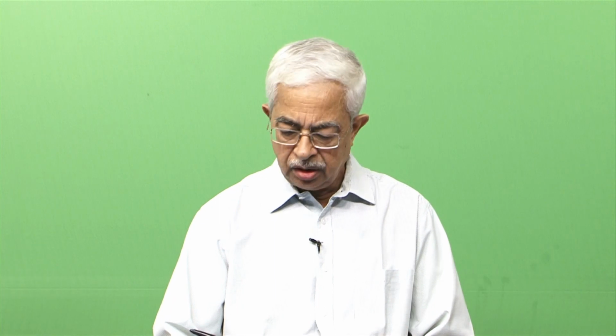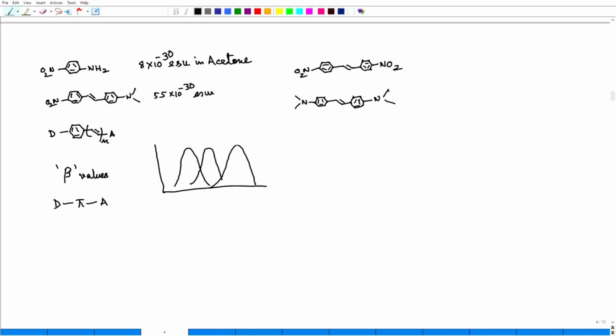It will always give less. Why? Because in this absorption some light will be absorbed. Suppose there was no peak, then my beta value would be so big.